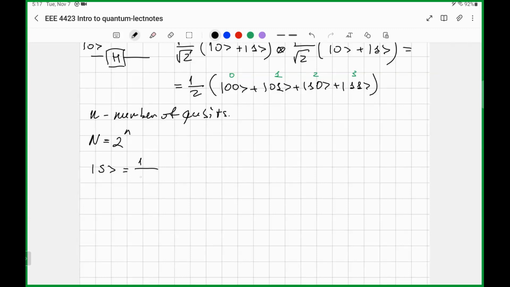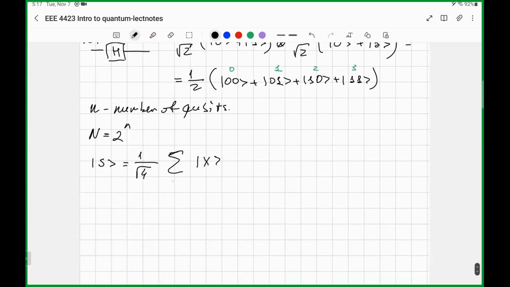It's going to be 1 over, so 1/2 or 1 over square root of 4, and then the summation over the computational states x. So this x stands for 0 0, 0 1, 1 0, 1 1, or states 0, 1, 2, and 3.